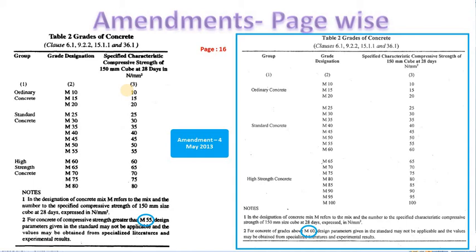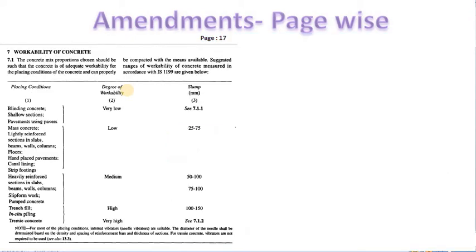And now let us move to page number 17. So this page number 17 shows the workability of concrete. This is a table which doesn't have a number. Normally those tables which don't have a number will be named as information table. So in this information table, if you see column number 2, degree of workability for medium workability condition, and the placing condition, we will see a very big bracket.